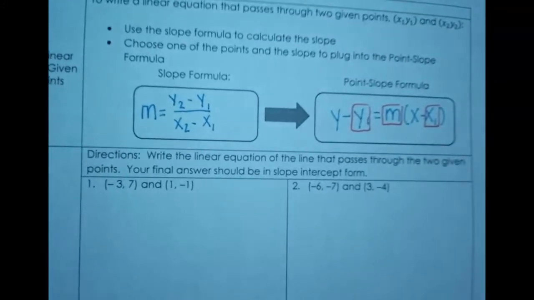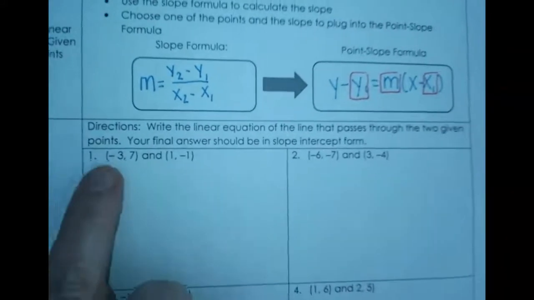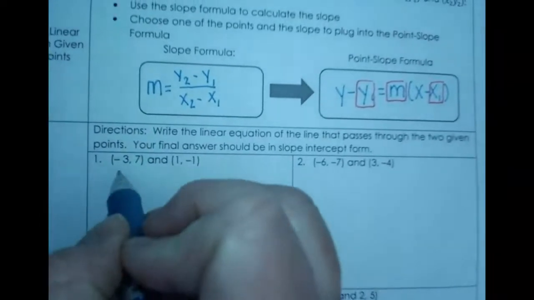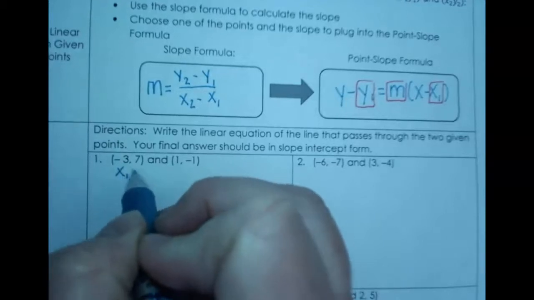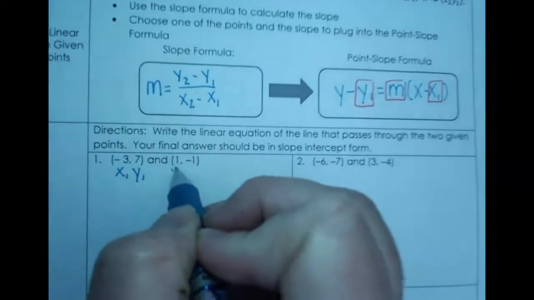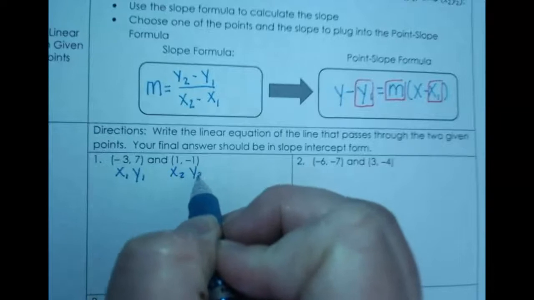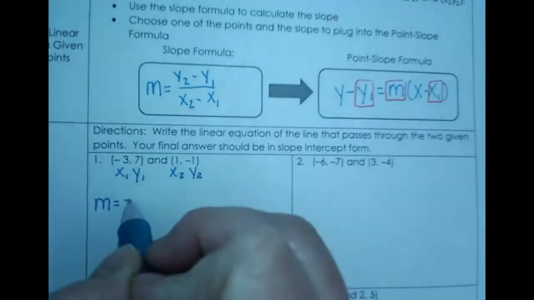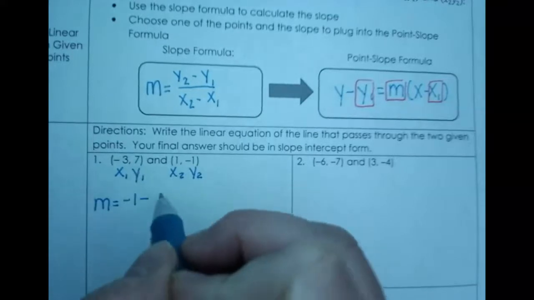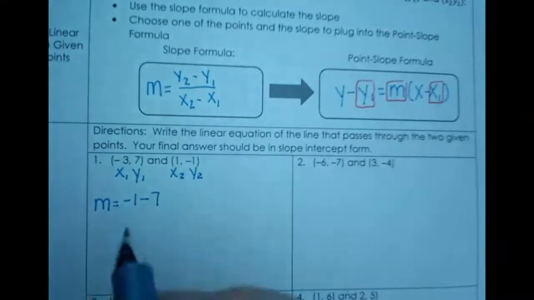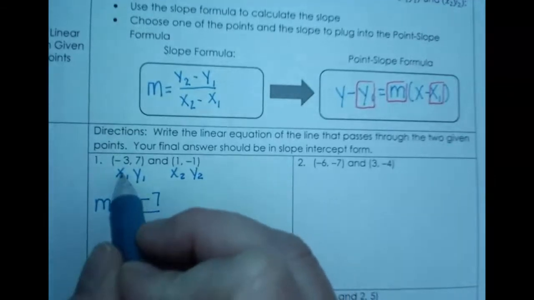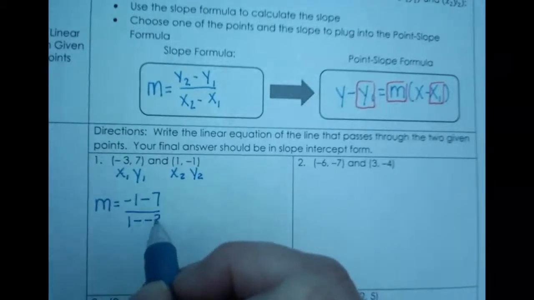So let's try this and see how it goes. I have 2 points. I'm going to use my slope formula. If it helps, we can label these x1, y1, x2, y2, and plug them into my slope formula. y2 is -1 minus y1, which is 7, divided by x2 minus x1, which is -3.